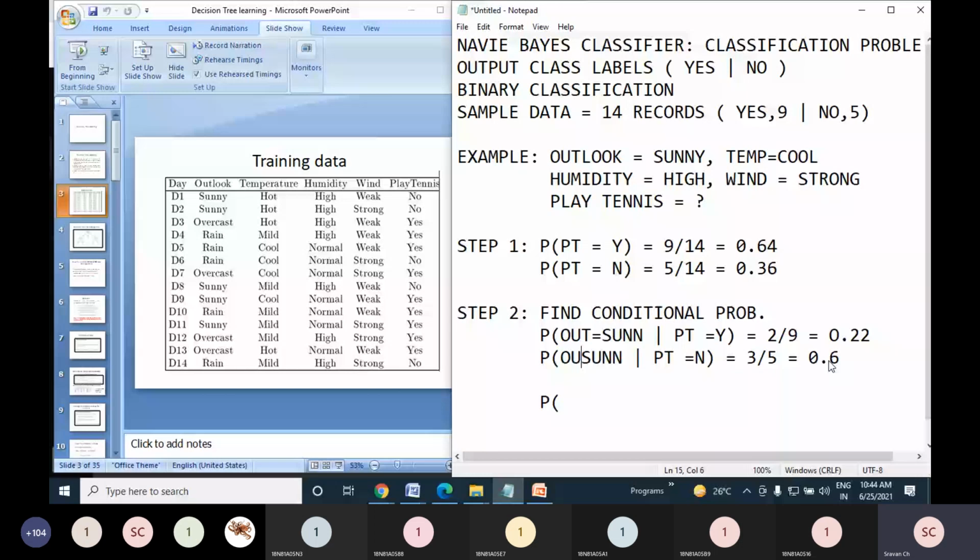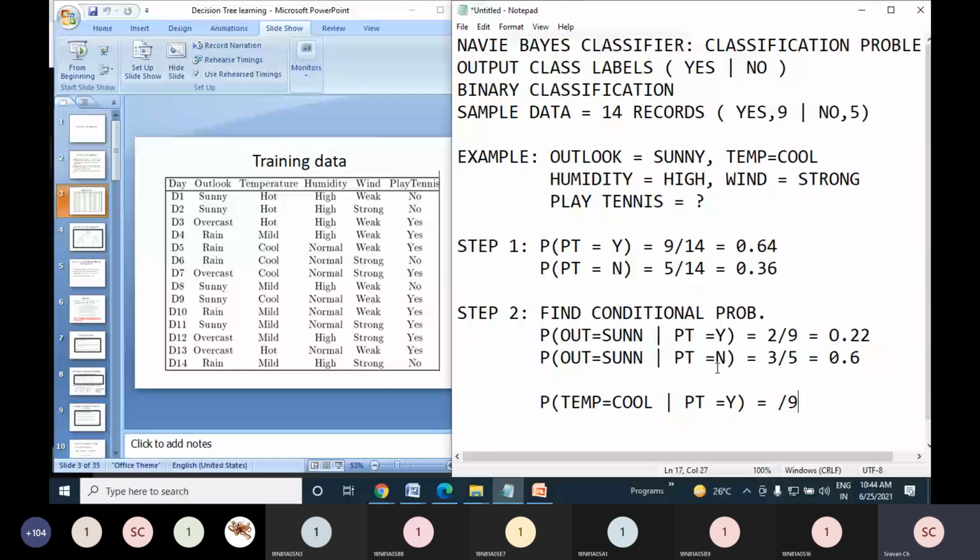So when PT is equal to yes, how many times was playing tennis yes? It was 9 times, we can see in the data set. Now in those 9 times, how many times was the temperature cool?